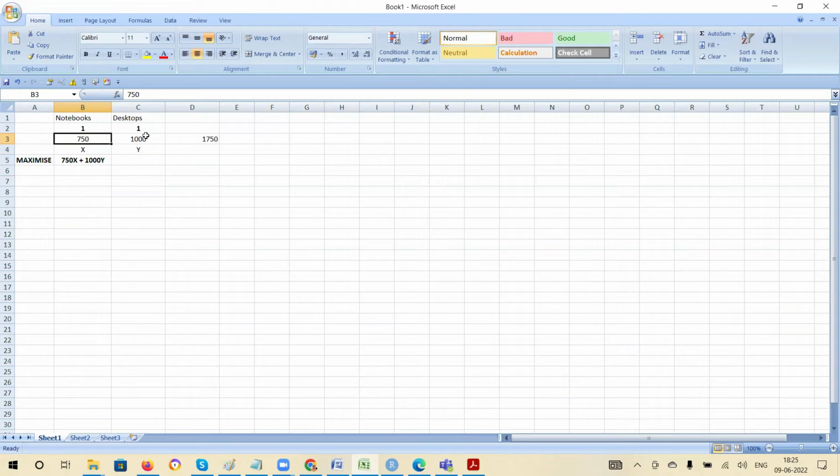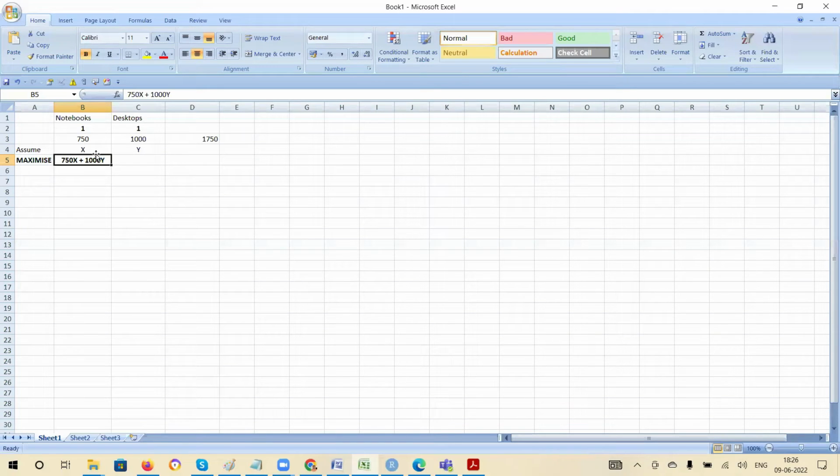Let's assume X number of notebooks and Y number of desktops. So your profit will be what? 750x plus 1000y.